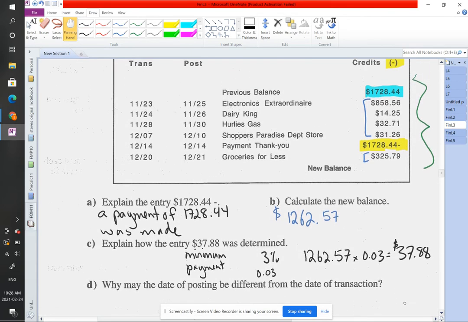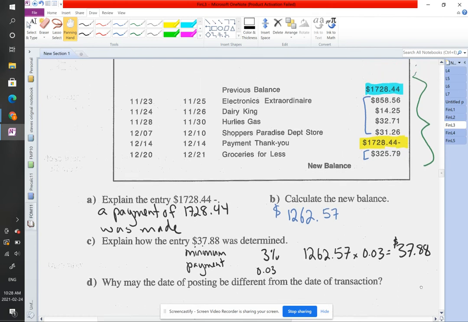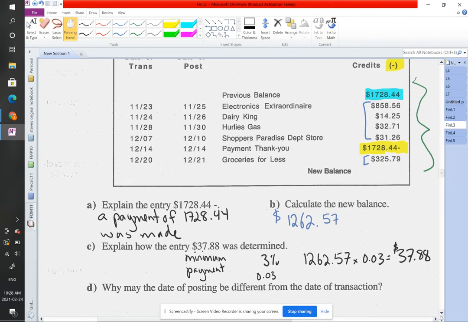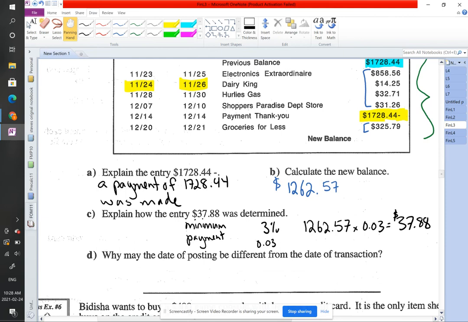Why may the date of posting be different from the date of transaction? So if we go back up here, you can see that, for example, the Dairy Queen purchase, the transaction happened on the 24th of November, but it didn't get posted till the 26th of November. And this is pretty common. When I go check my bank balance on my phone or my credit card, I always get this word that shows me my transaction, but then underneath it says pending.